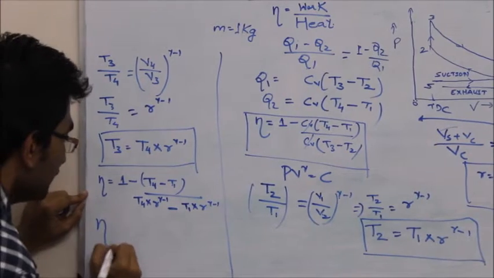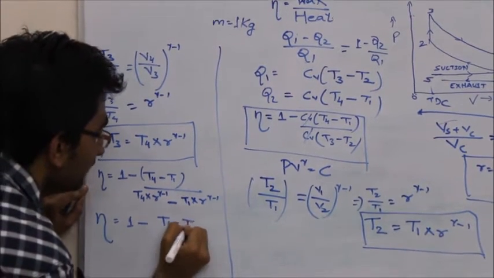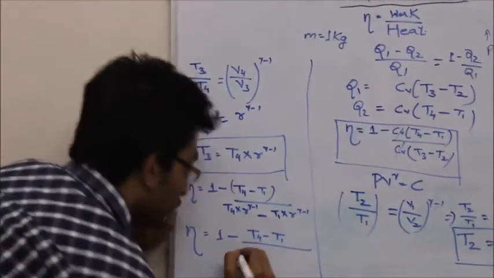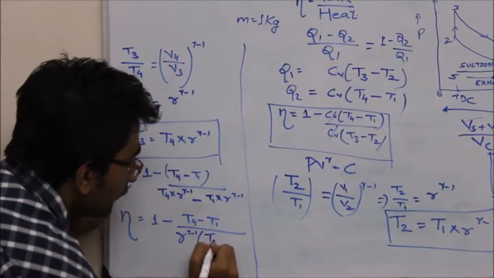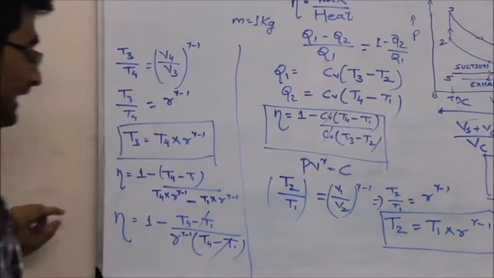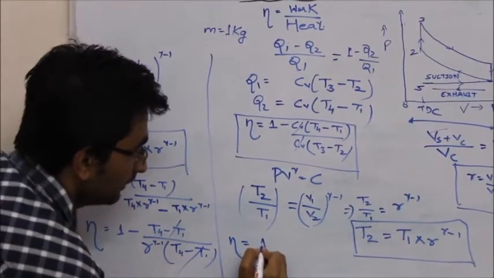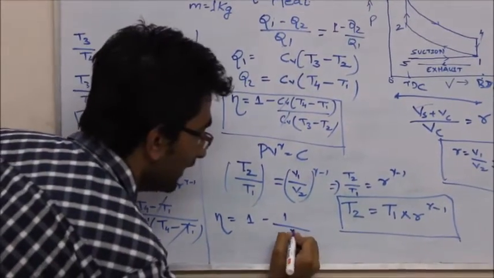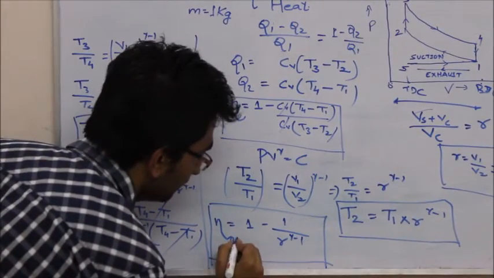Or efficiency is equal to 1 minus (T4 minus T1) divided by r to the power gamma minus 1, taken as common, into (T4 minus T1). These two get cancelled, and so efficiency is equal to 1 minus 1 by r to the power gamma minus 1. This is the efficiency of Otto cycle.